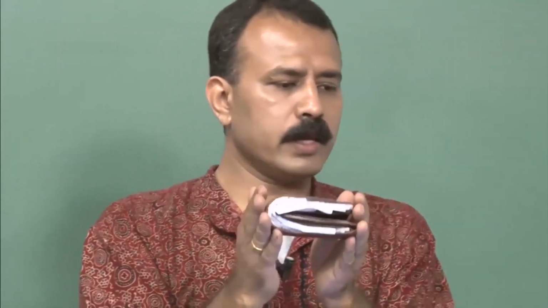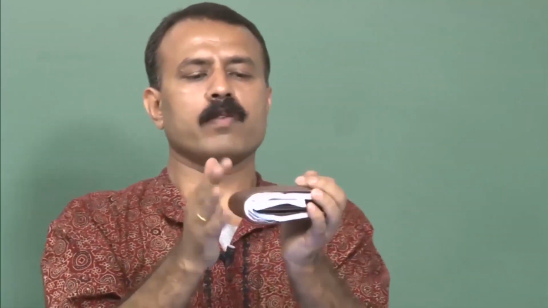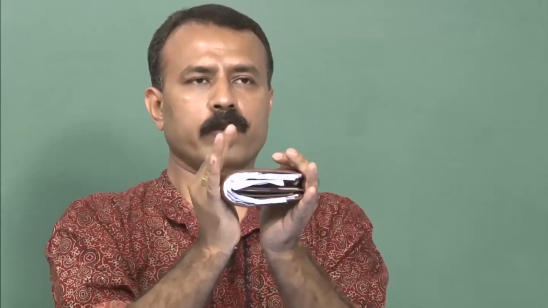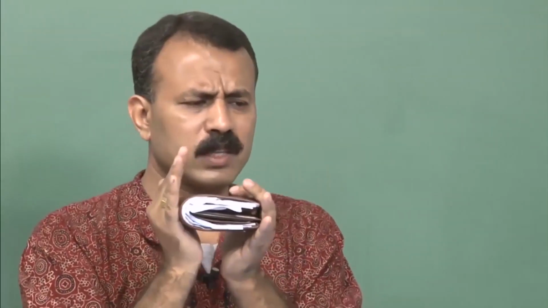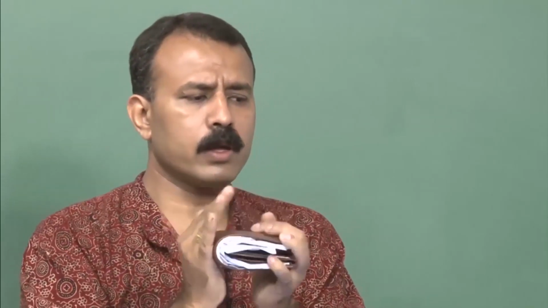What I do is I freeze it down at a temperature of, say, liquid nitrogen, an exceptionally cold temperature. As soon as I freeze it down, this is what will happen.